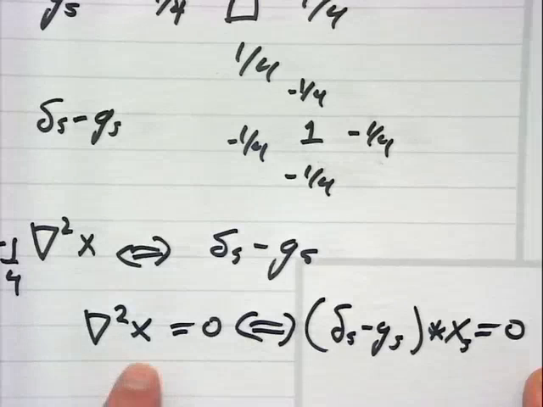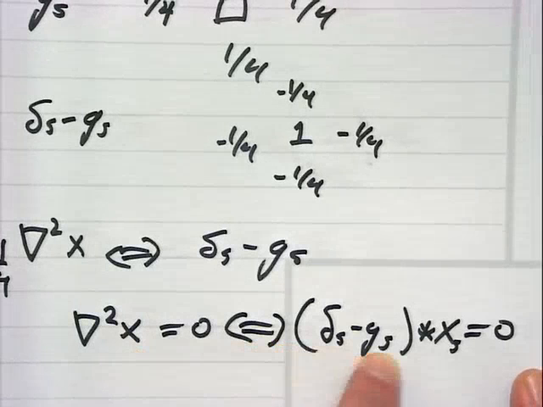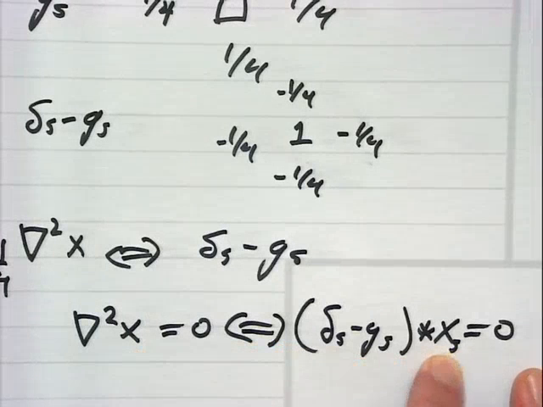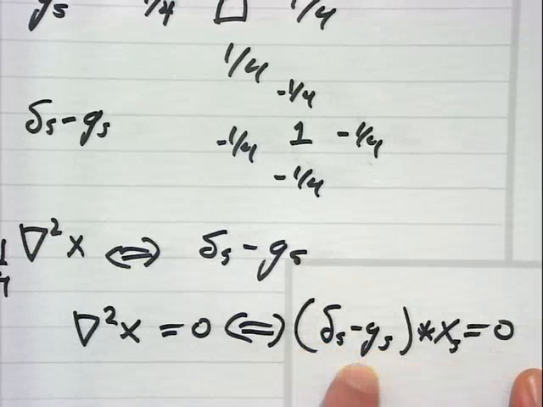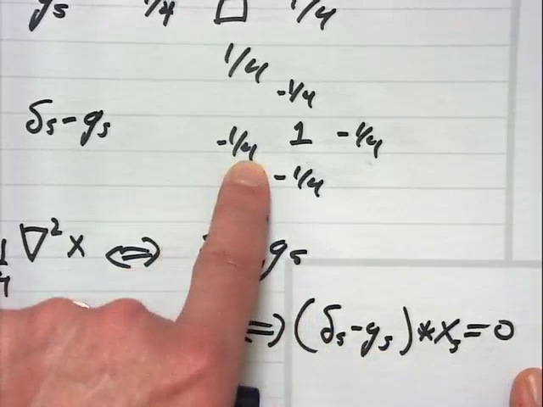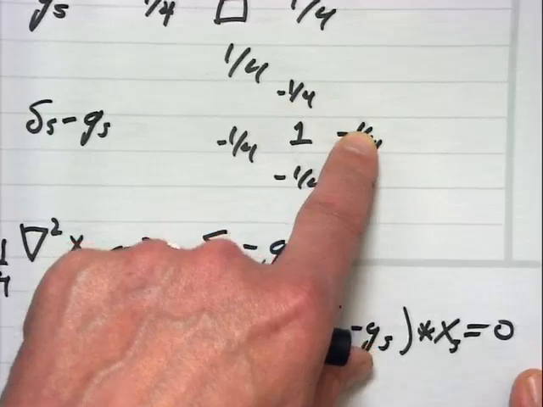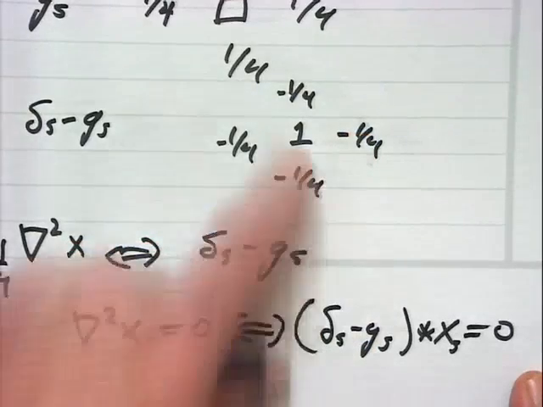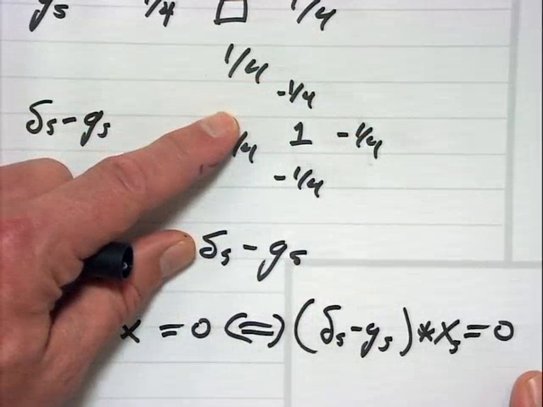Saying the Laplacian of a function is 0 is equivalent to saying that convolution of that function with this discrete operator, delta minus g of s, is equal to 0, if g of s is chosen to be this function which is the average of the neighbors. And that's a typical choice for this kind of application.